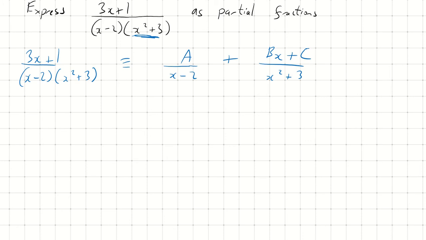Now, the standard method for partial fractions: we multiply both sides by the denominator, so multiply both sides by x minus 2, x squared plus 3. The left-hand side becomes 3x plus 1, and the right-hand side becomes a, where the x minus 2 cancels out, times x squared plus 3, and then we get bx plus c.